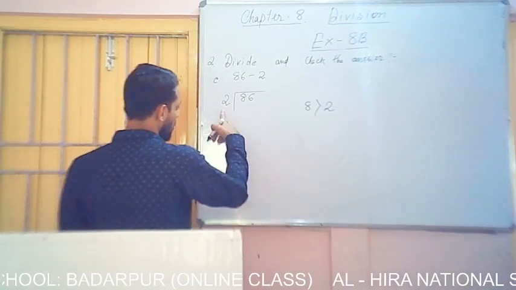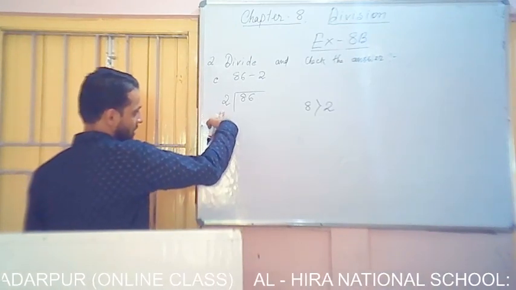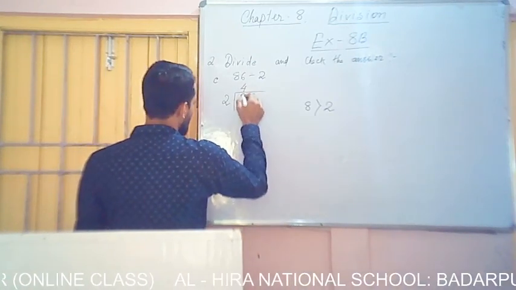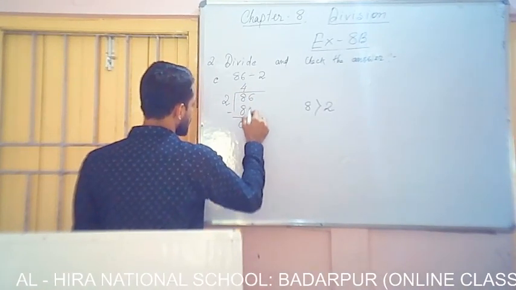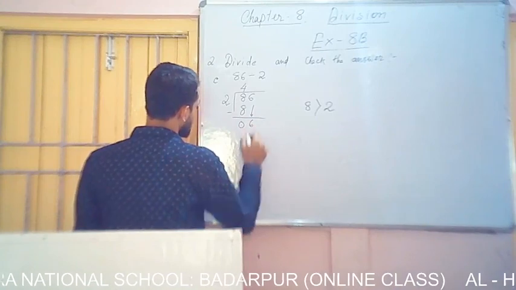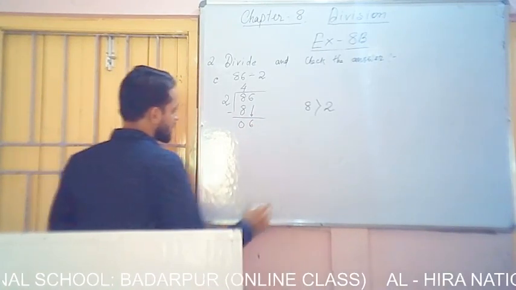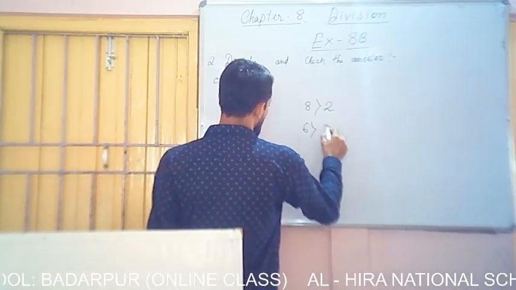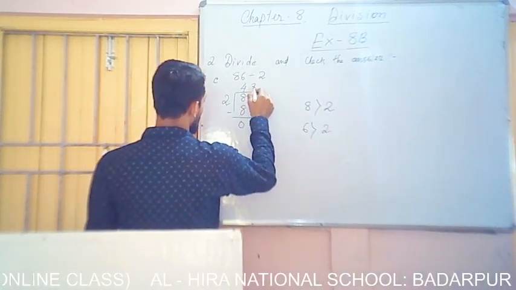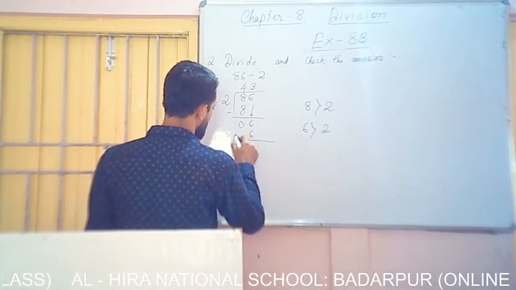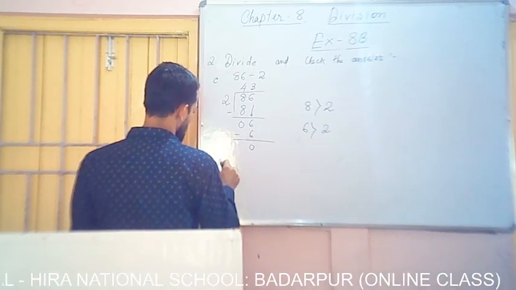We have to follow the 2 multiplication table. So 2 fours are 8. 8 minus 8 equals 0. Bring down 6 ones. Here 6 is greater than 2. So 2 threes are 6. 6 minus 6 equals 0.